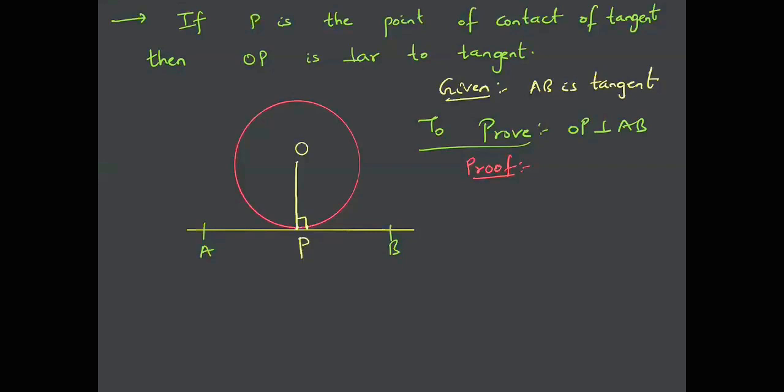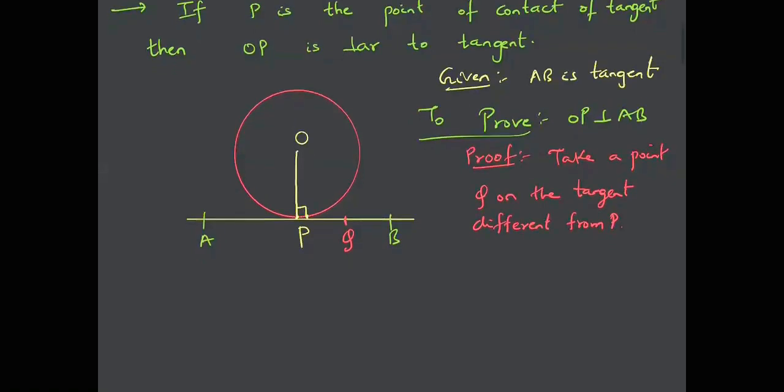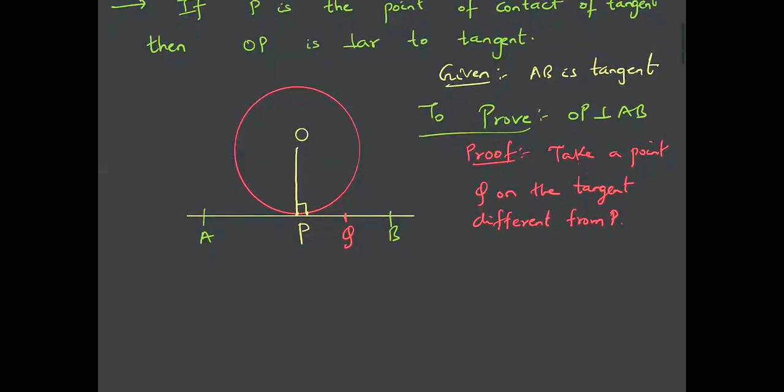So let us discuss why it is so. Let us take a point Q on this tangent which is not P. Take a point Q on the tangent different from P. Now you can see that clearly Q lies outside the circle.